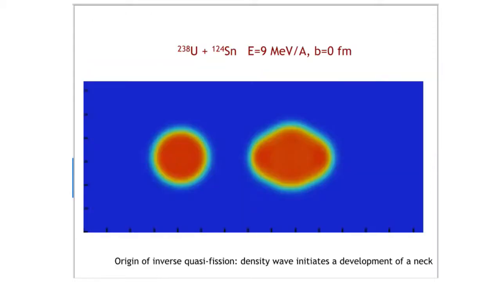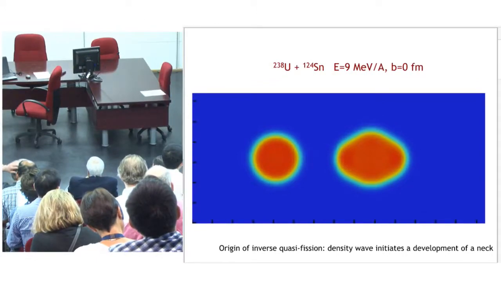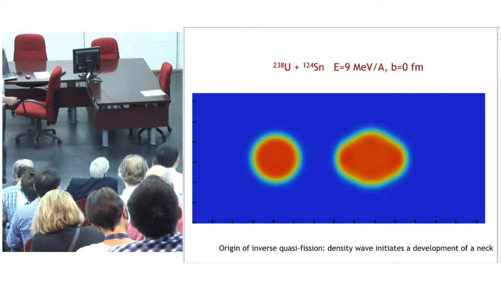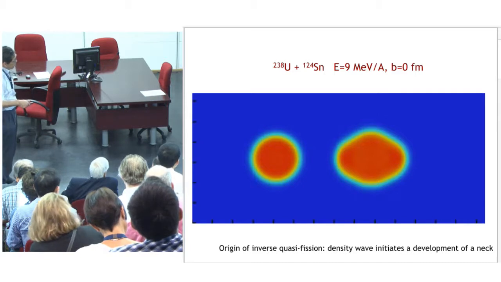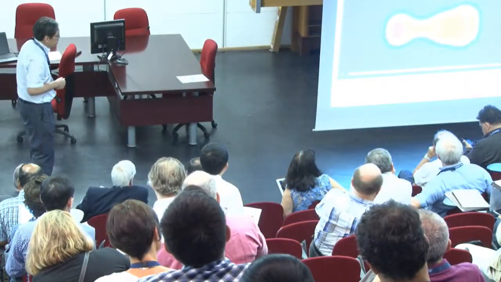Let me show the animation for this dynamics. At higher energy, there is some density fluctuation that makes the neck here and causes quasi-fission in this system.